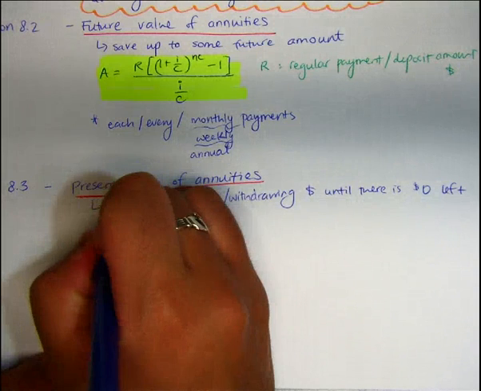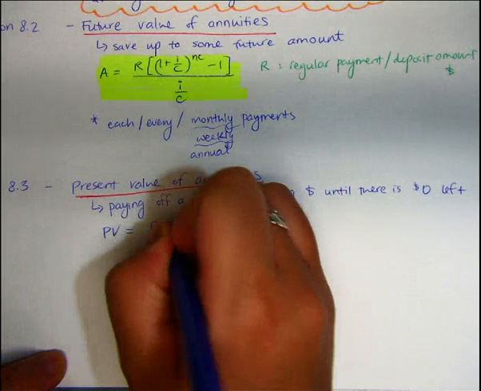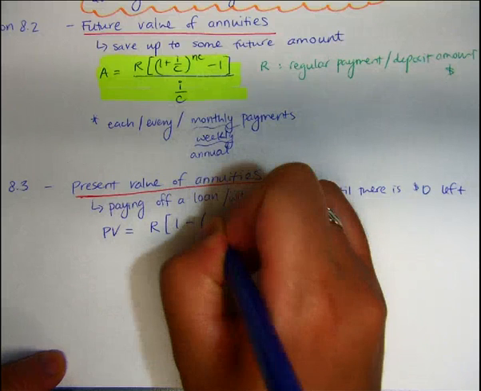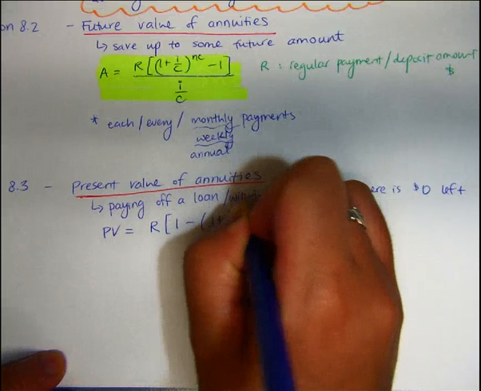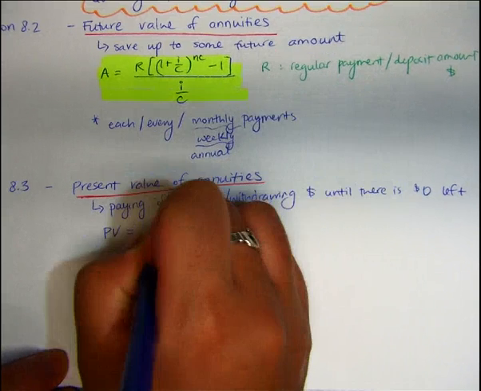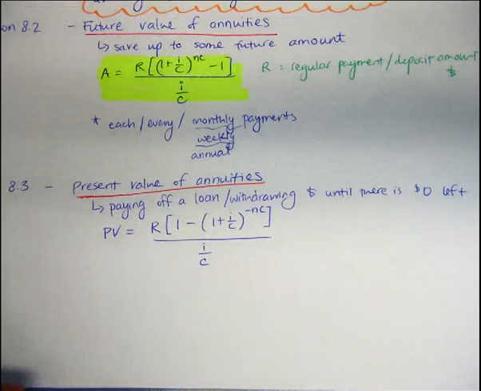So the formula that we used was PV equals R times 1 minus bracket 1 plus i over c to the negative nc, all over i over c.